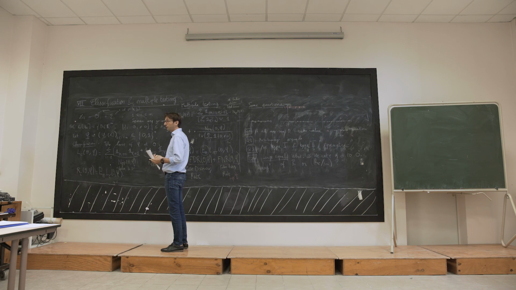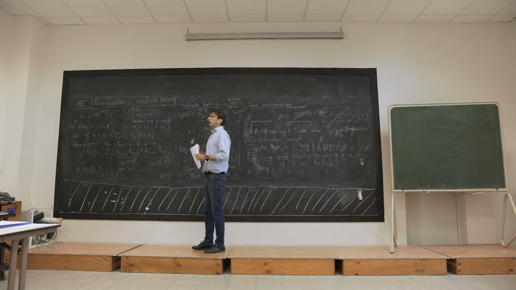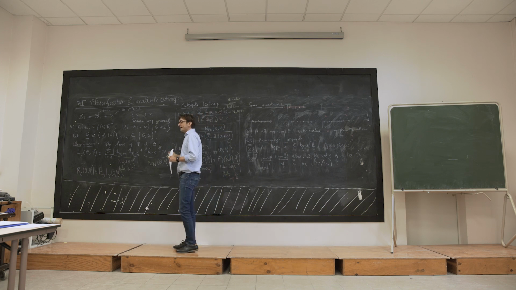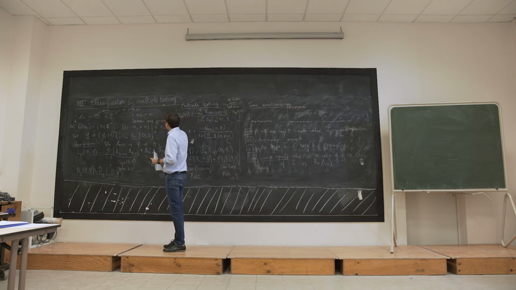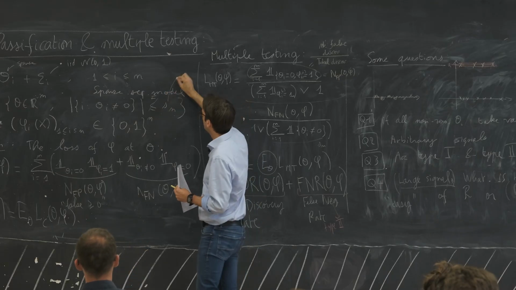If I know Sn, probably this problem is not too hard. But generally I don't know it, so that makes it difficult, and then we need what we call adaptation to Sn. You can view it in nonparametrics: the analog would be a smoothness parameter. Here it's a sparsity parameter, and generally it's unknown.